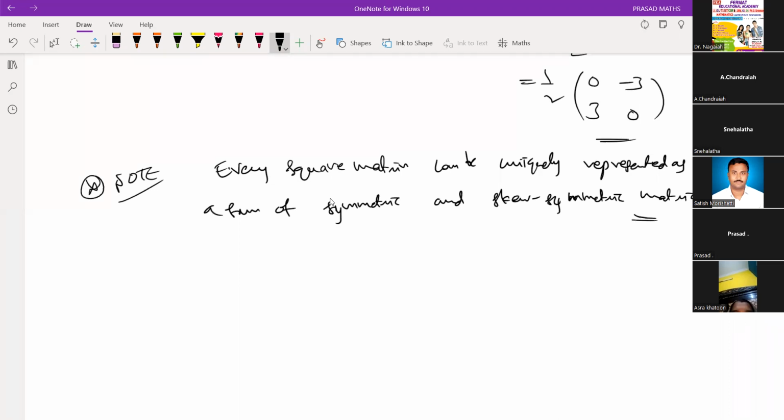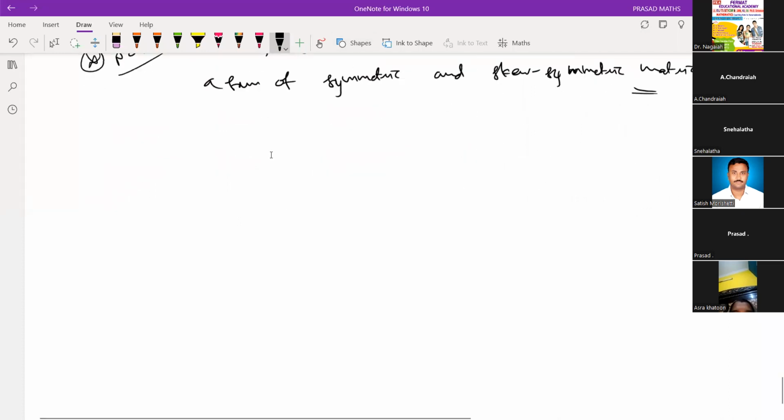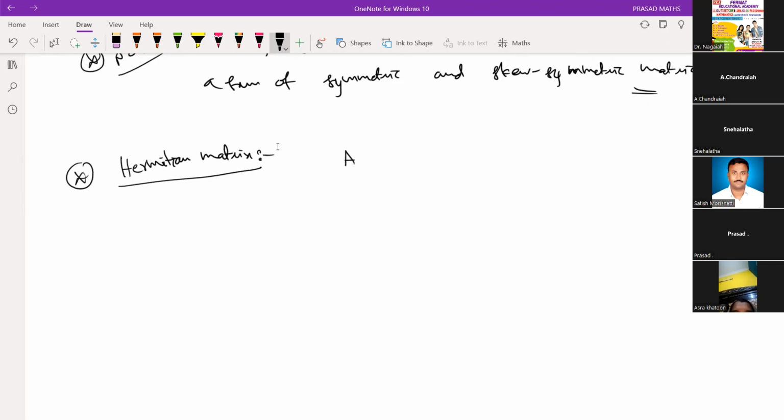Next concept: Hermitian matrix. A square matrix A is Hermitian if and only if A theta is equal to A. That means the conjugate transpose is itself.